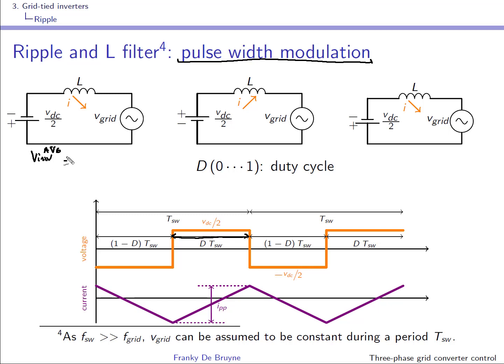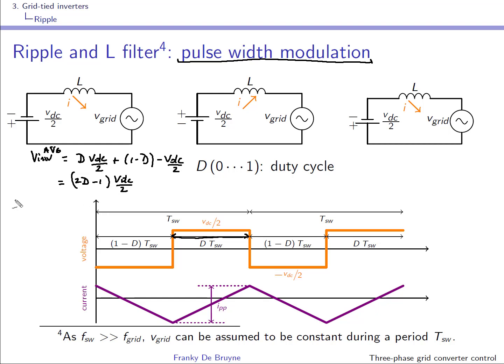On average you will have D times VDC over 2 plus 1 minus D times minus VDC over 2, and this gives you 2D minus 1 times VDC over 2.